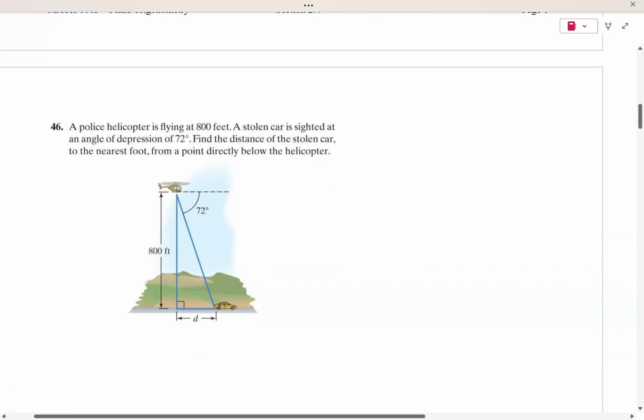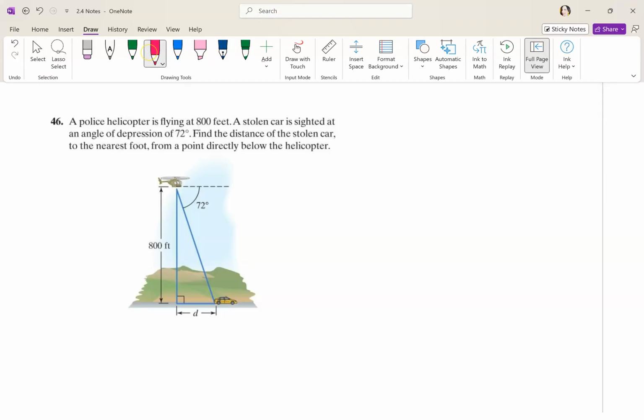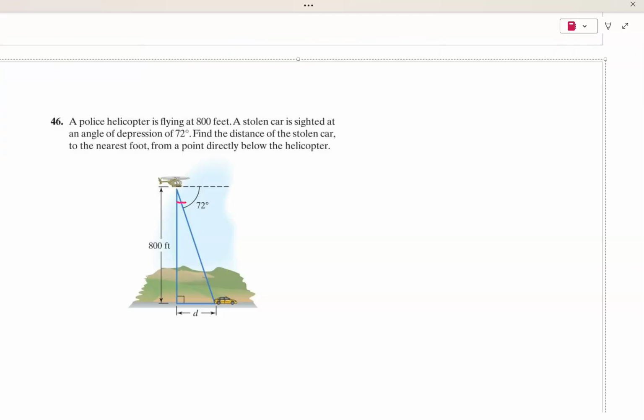A police helicopter is flying 800 feet. A stolen car is sighted at an angle of depression of 72. Find the distance of the stolen car to the nearest foot from the point directly below the helicopter. Okay, so notice you have your angle of depression, but the angle of depression plus this little bit makes a 90-degree angle.